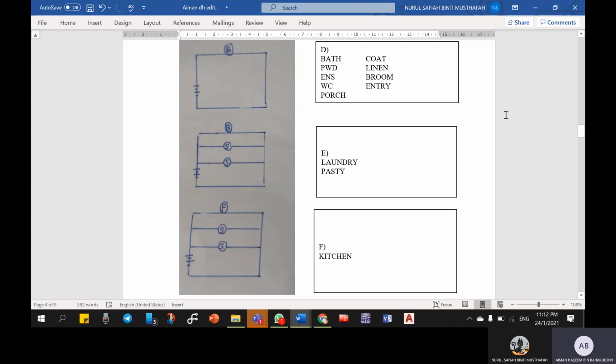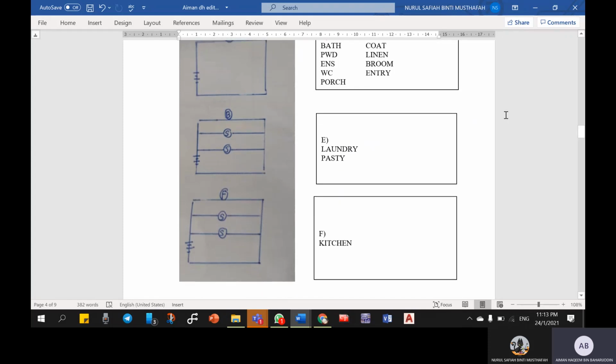Circuit D consists of one light bulb at the bath, PWD, ENS, WC, porch, coat, linen, broom, and entry. Circuit E consists of one light bulb and 2 wall sockets at the laundry and pastry.